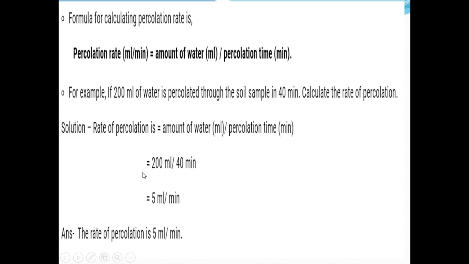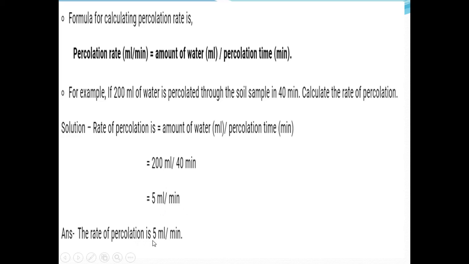So amount of water 200 divided by time 40 minutes. Dividing 200 by 40, you will get 5. So 5 ml per minute is what you have to write.